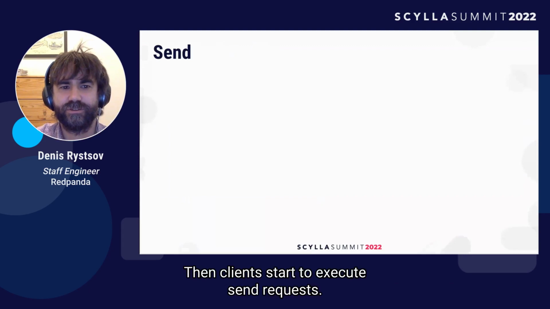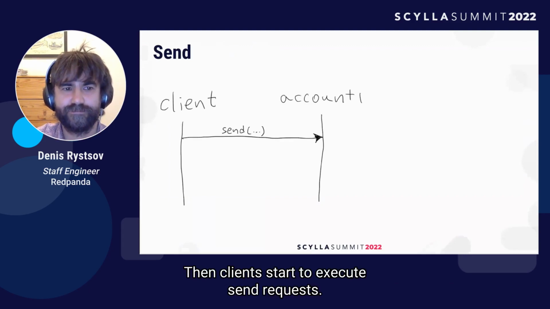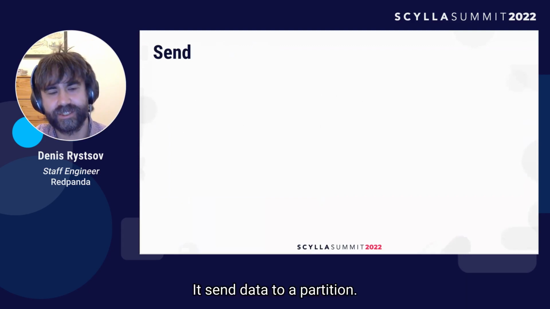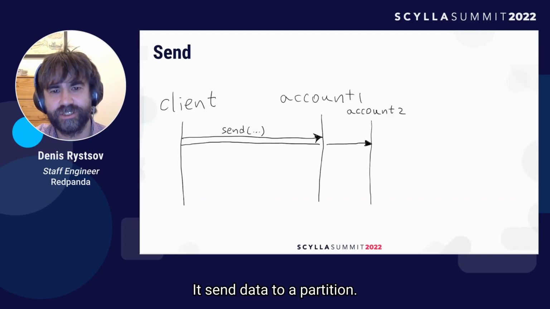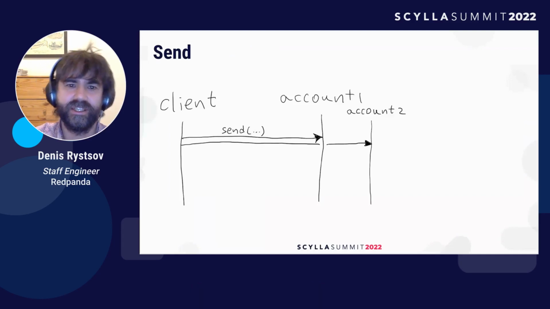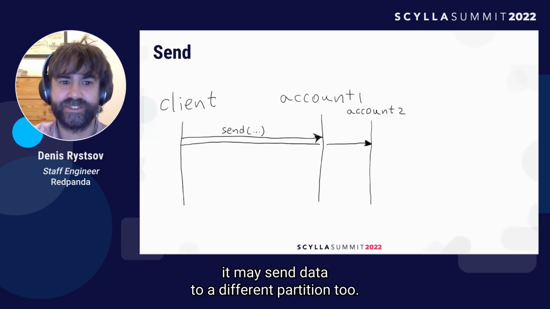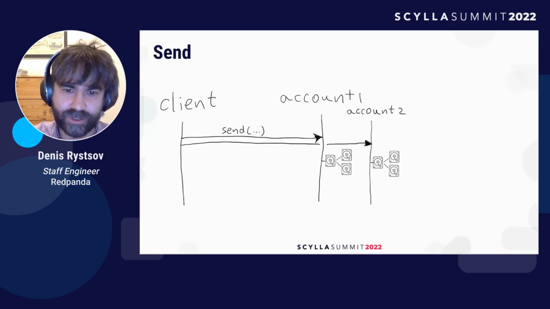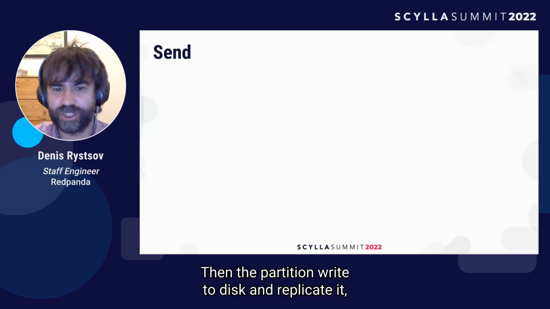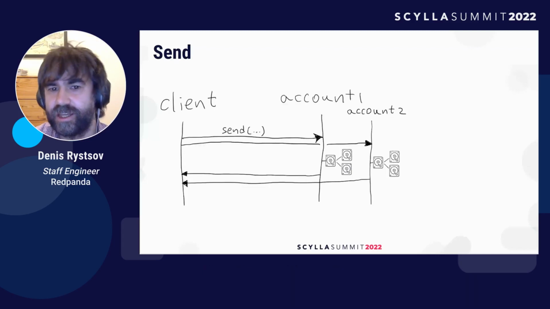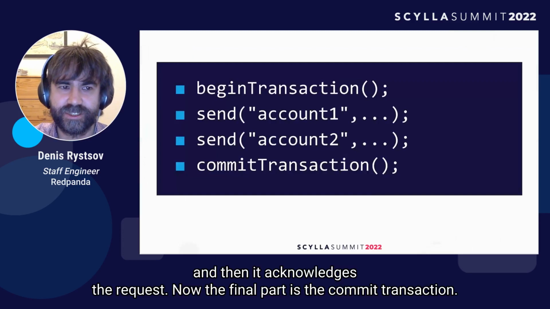Then the client starts to execute the send request. It sends data to a partition. If a client doesn't wait for the result of the send operation, it may send data to a different partition too. Then the partition writes to disk and replicates it, and then it acknowledges the request.